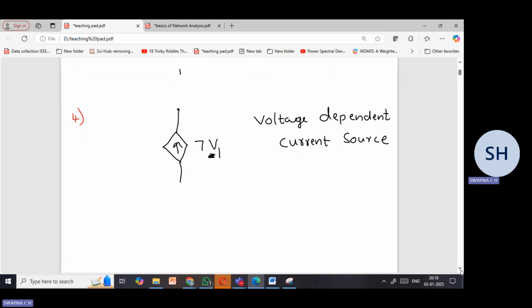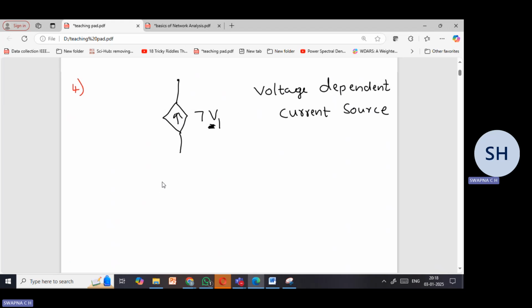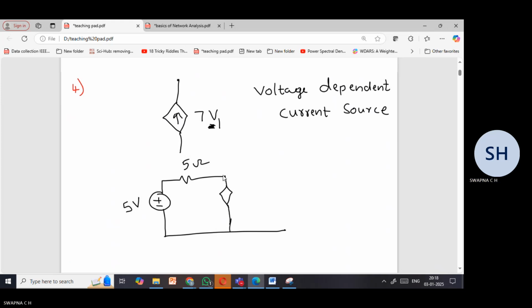As an example, I'll draw one simple diagram where I have the voltage source. Let me write the voltage as 5 volts, some 5 ohms, and I have some dependent source as well. And I have one more resistor here.